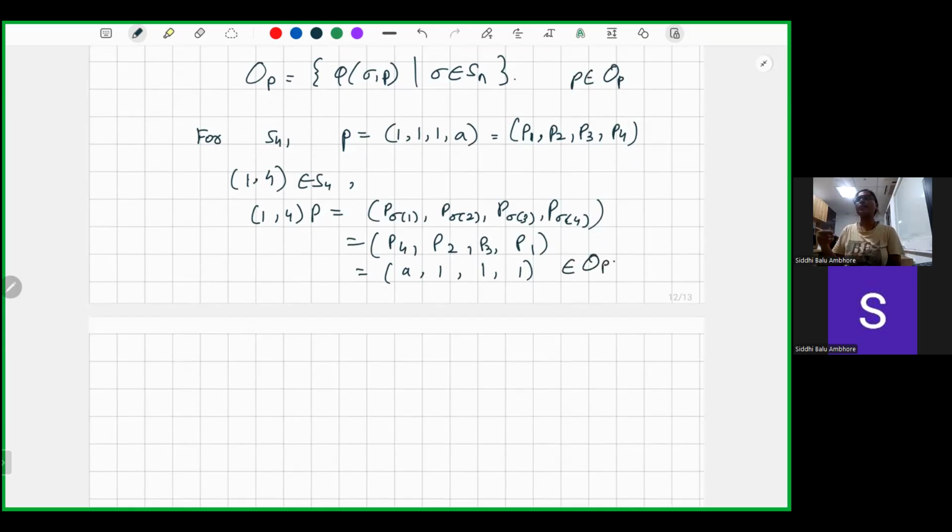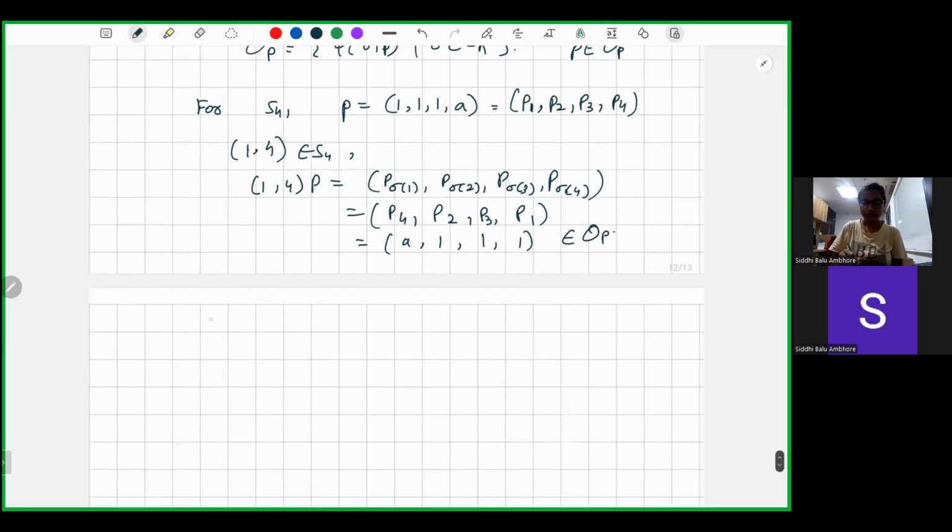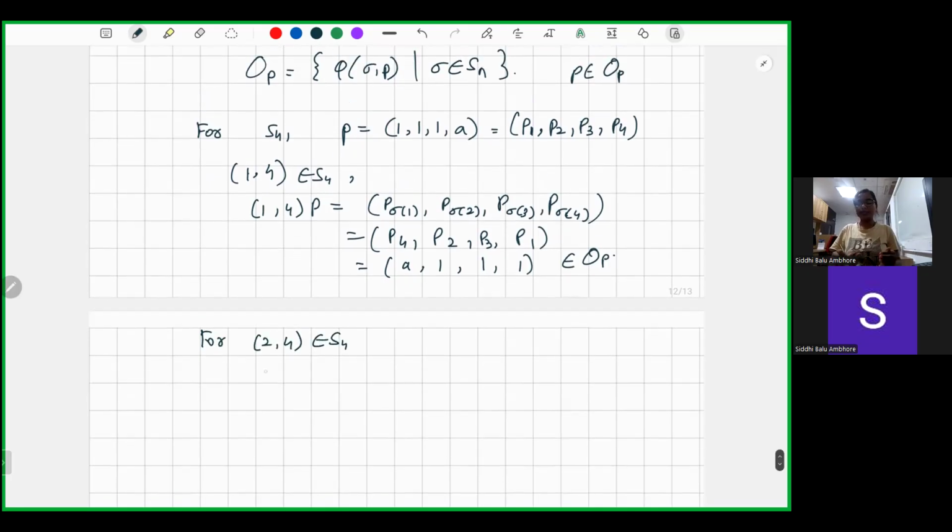And do you have any more possible choices for this? For example, if I take (2, 4) belongs to S4. Note that why I'm taking 4 in every transposition is because this is the only position where A is there.